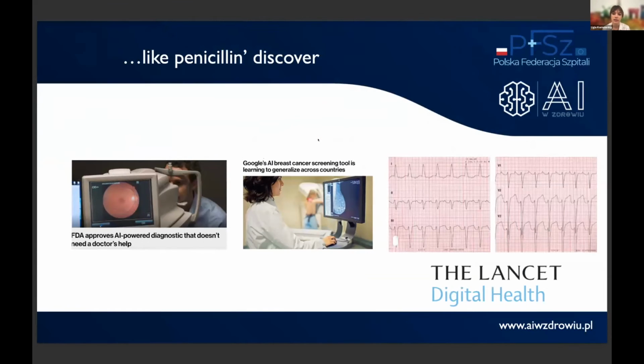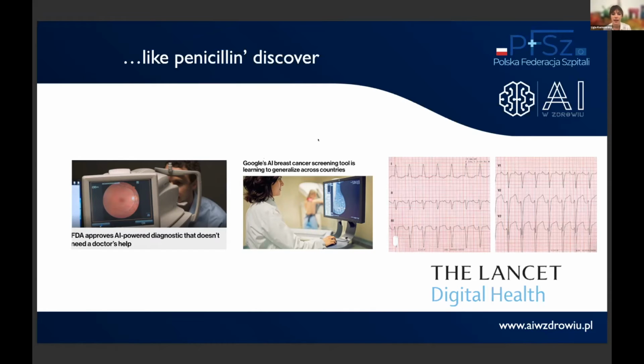First of all, I would like to discuss artificial intelligence with you. We have more and more discussions about it in Poland. At one conference, the president of our medical chamber said that developing AI is like a penicillin discovery. That comparison shows how revolutionary this solution is.